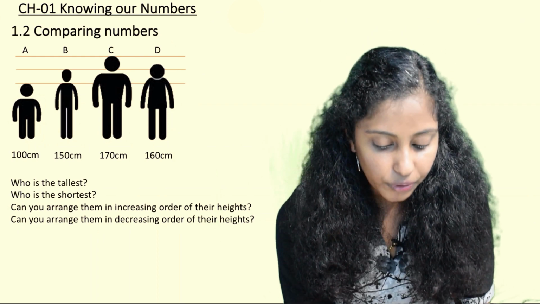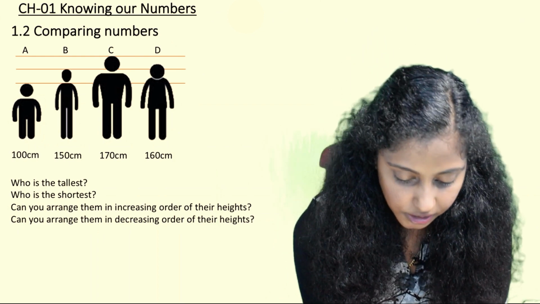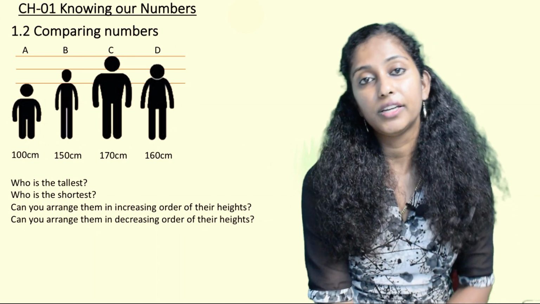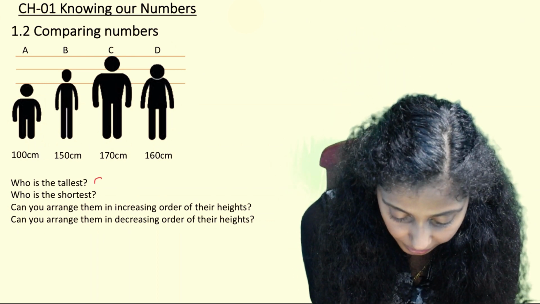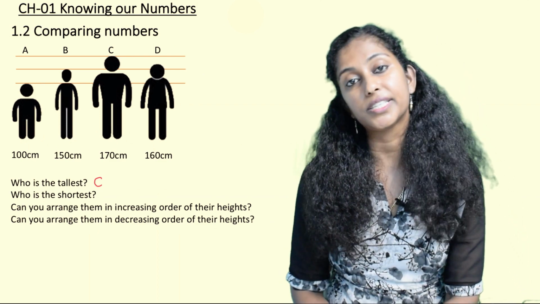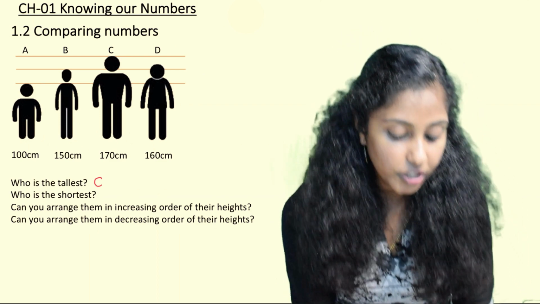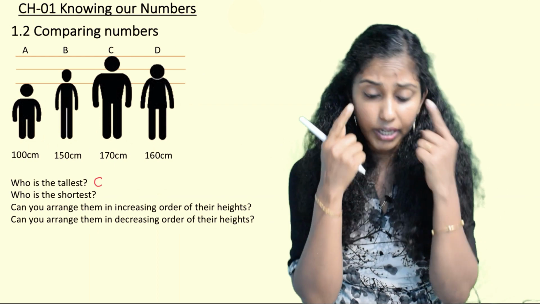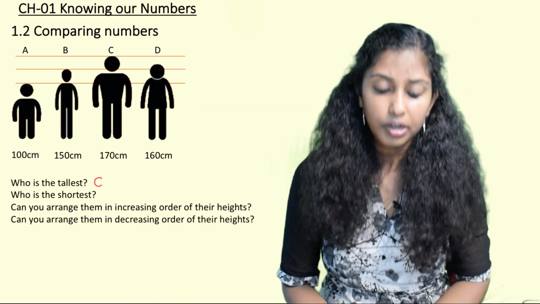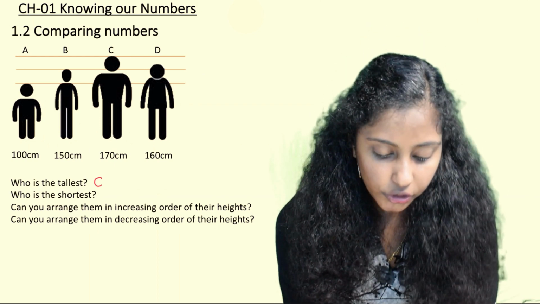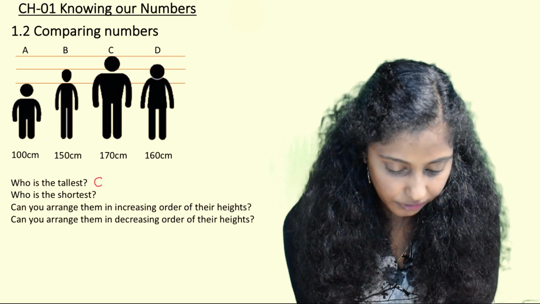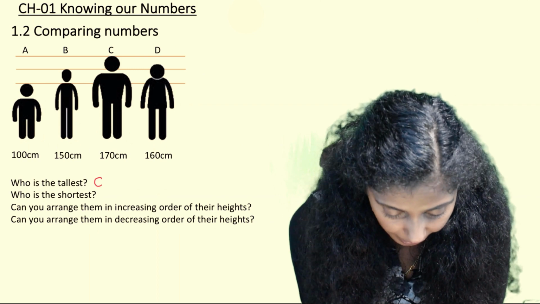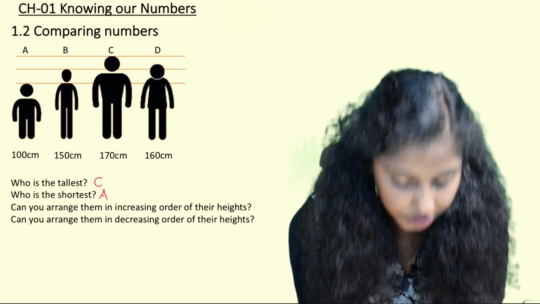If I ask you who is the tallest, your answer will be the one who has the highest height, that is C, and the height of that person is 170 centimeters. Then the next question is who is the shortest. Just by looking at the heights and the numbers given, you can easily tell which is the shortest or the smallest one. So that is person A, having height 100 centimeters.